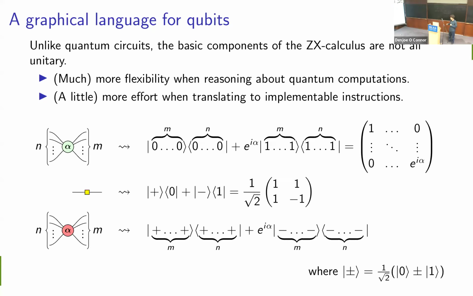And this red spider, this X spider, does the same thing as the Z spider, but for the X eigenbasis rather than the Z eigenbasis. I'm not going to write out the matrix because that gets very messy. But again, it either wants all of its inputs and outputs to be in the state ket plus, or it wants all of them to be in the state ket minus. And there's this relative phase e to the i alpha, where alpha is the little label we have on the spider.